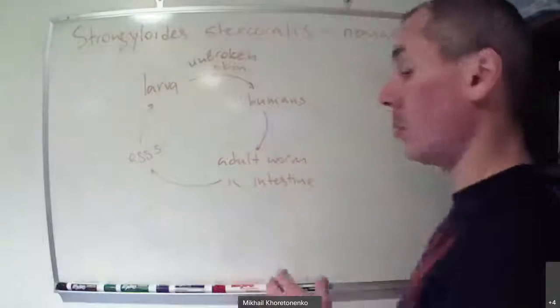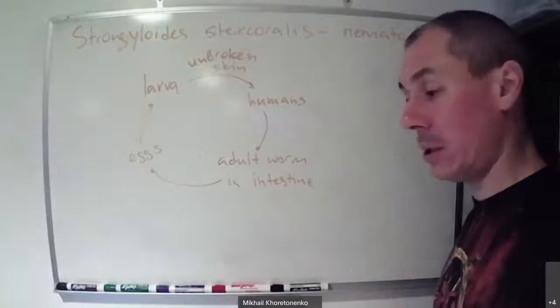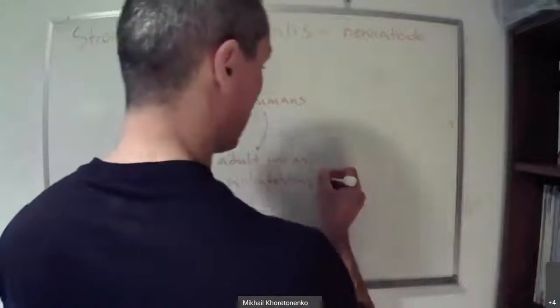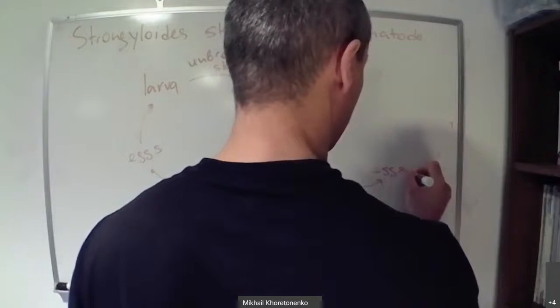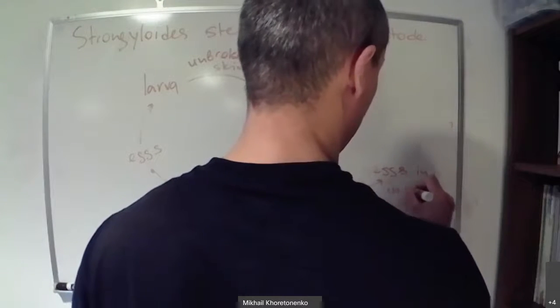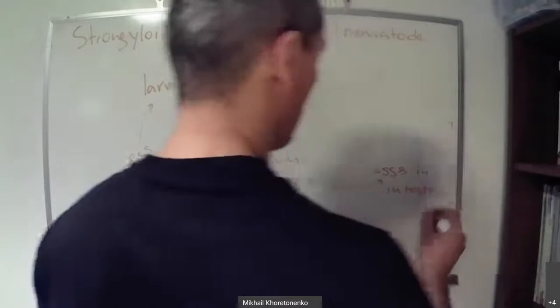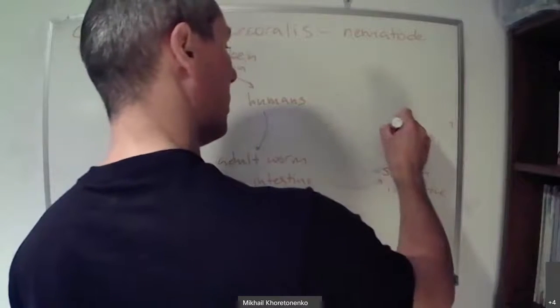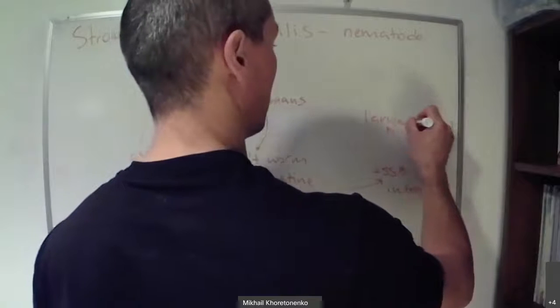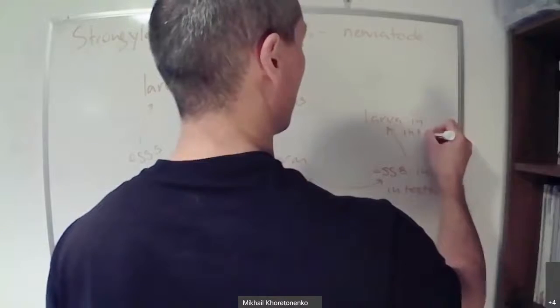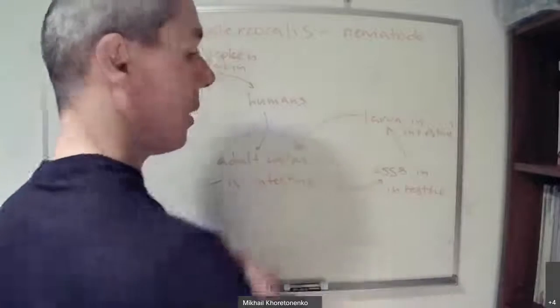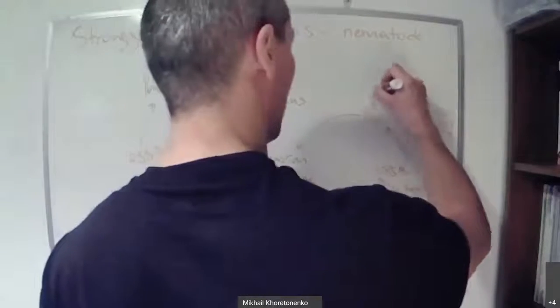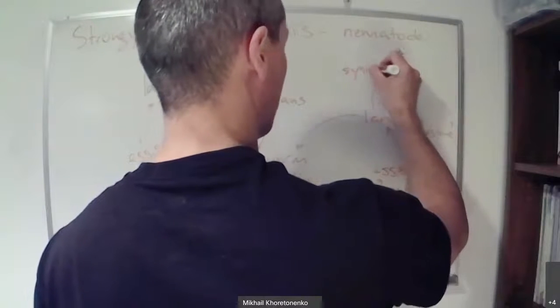Now, why did I say a human can be an intermediate host? Because the adult worm can produce eggs that stay in the intestine, and they can develop into larvae in the intestine, and that may lead either to more worms in the intestine or to systemic infestation.